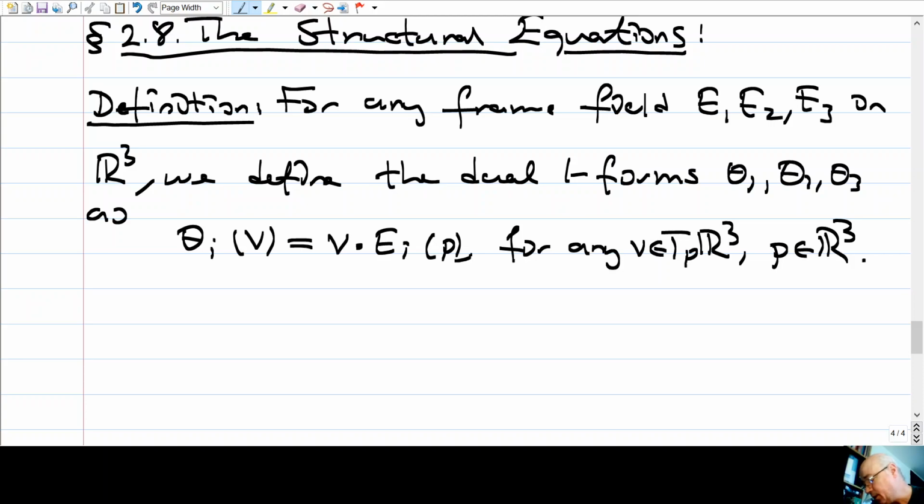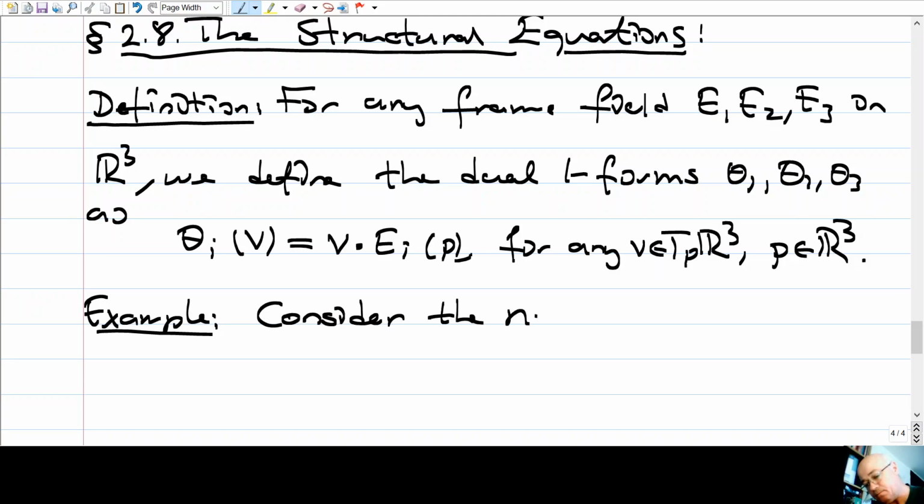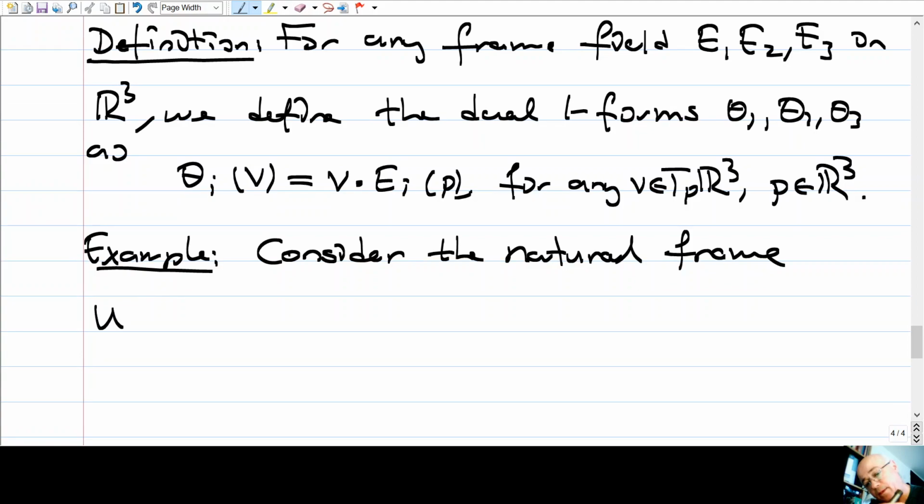All right, let's do one immediate example. Consider the natural frame field u1, u2, u3. Then what is the corresponding one form for ui?